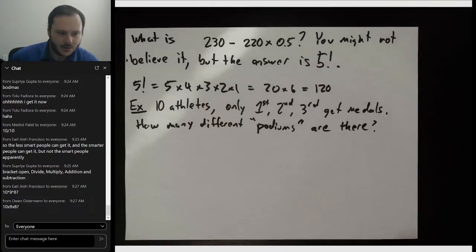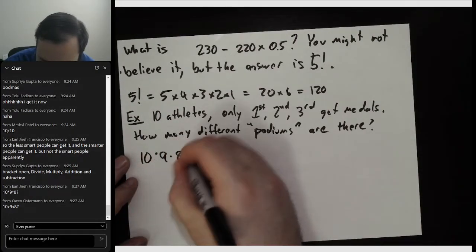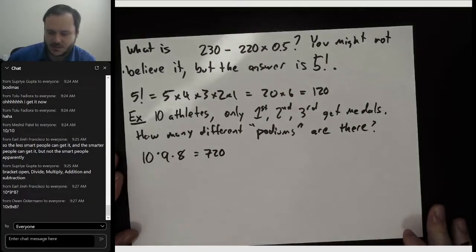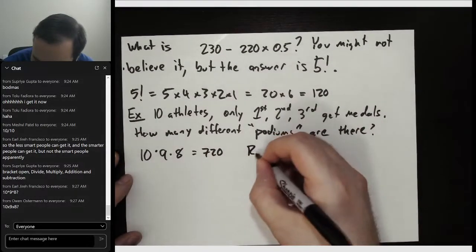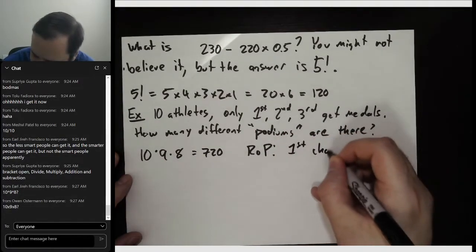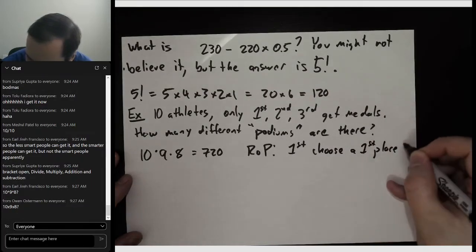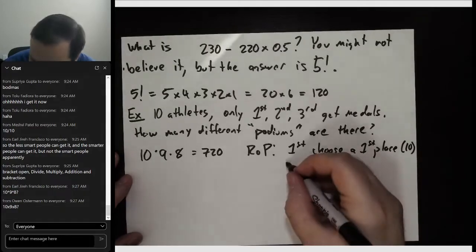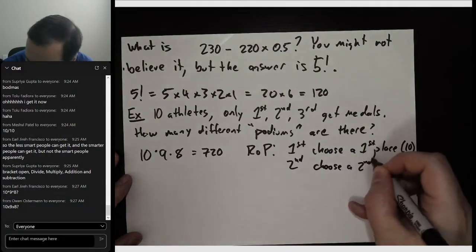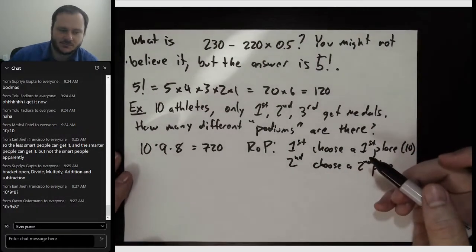Yeah, good. We've got 10 times 9 times 8, giving us 720 different podiums. And this is our rule of product again. First, choose a first. And we have 10 ways of doing that. Second, we choose a second place. And now we can't re-choose the first place athlete.